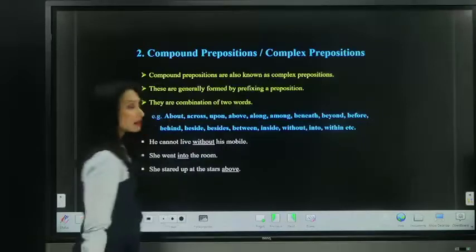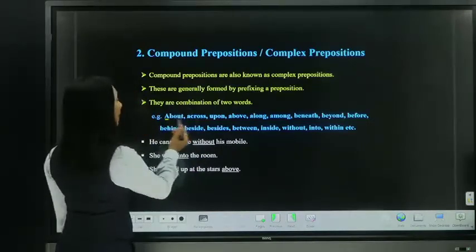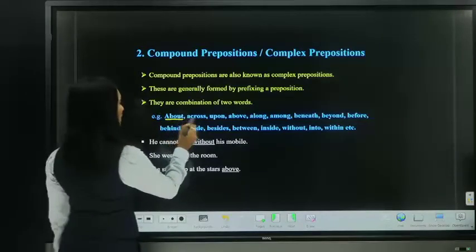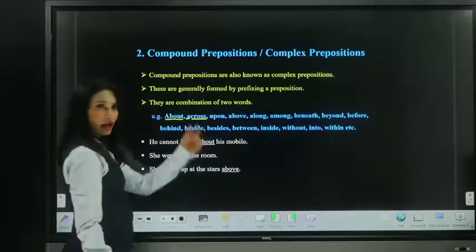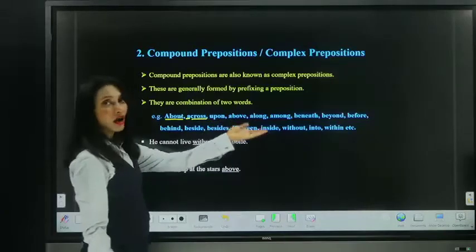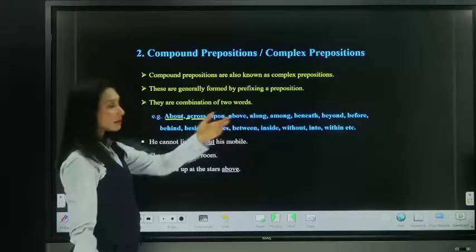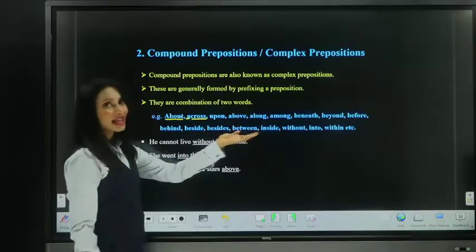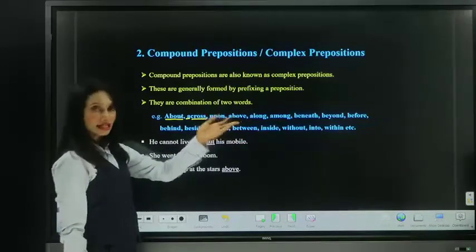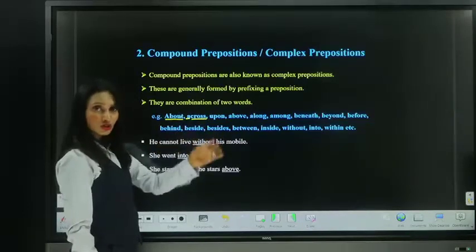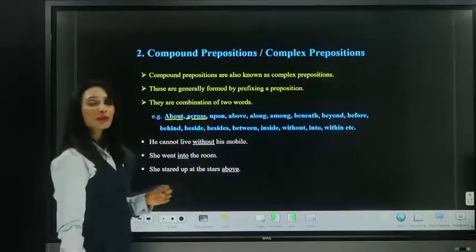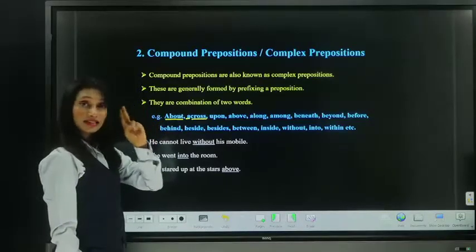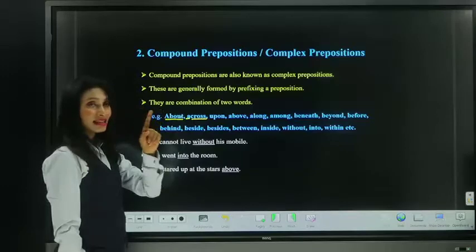Look at these examples. About, across, upon, above, along, among, beneath, beyond, before, behind, beside, besides, between, inside, without, into, within. All these are formed by the combination of two words but written as a single unit and act as a single preposition.